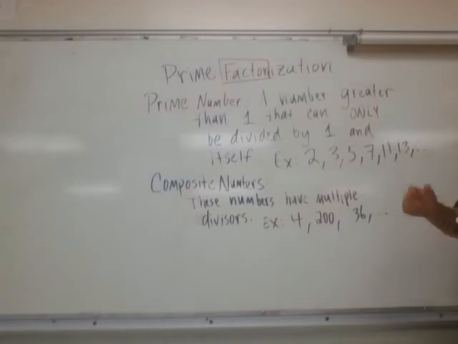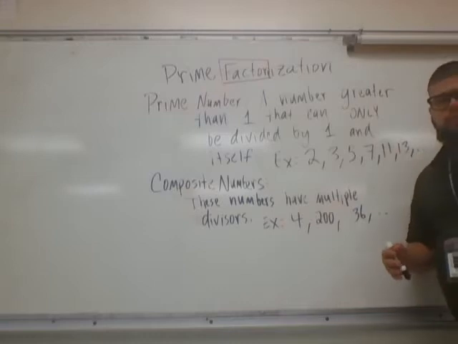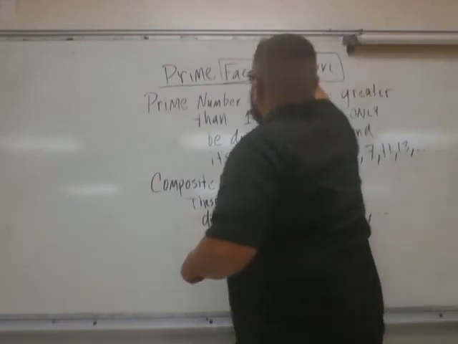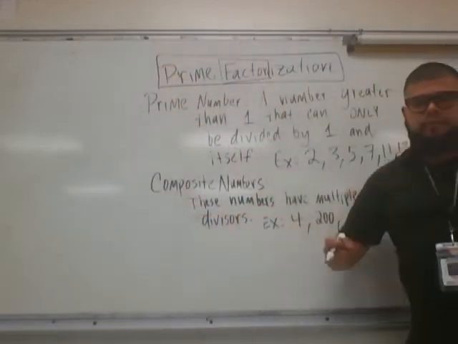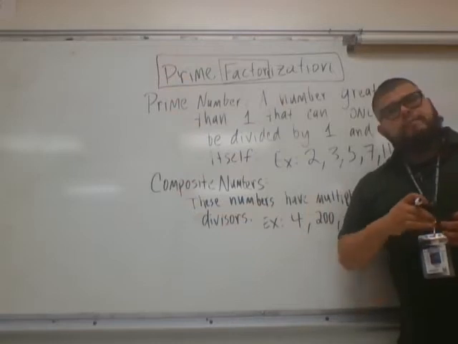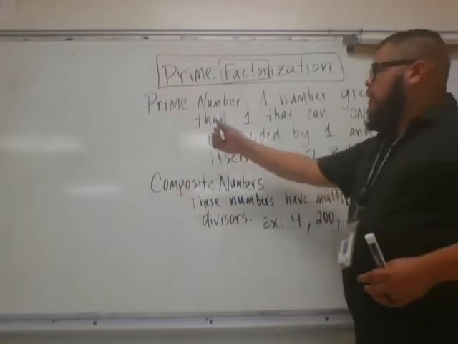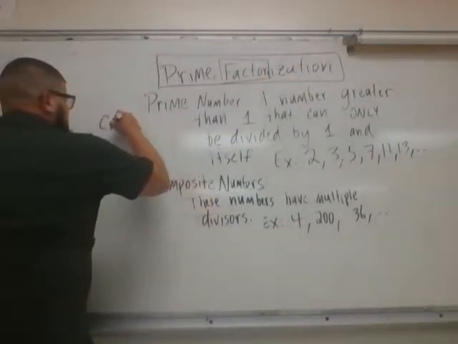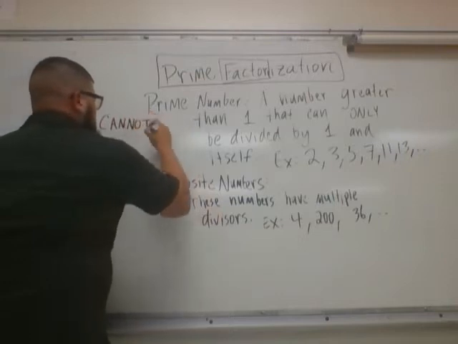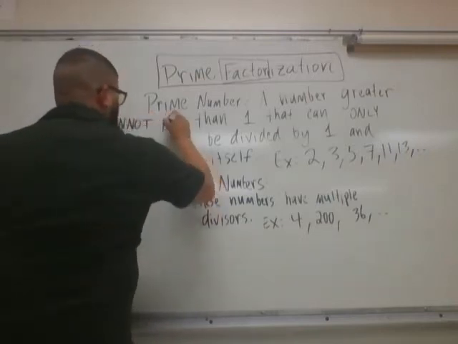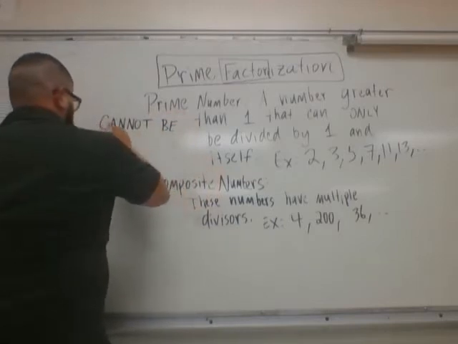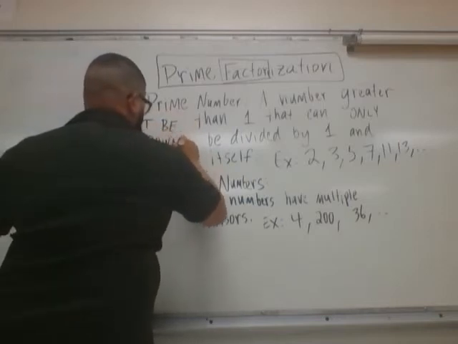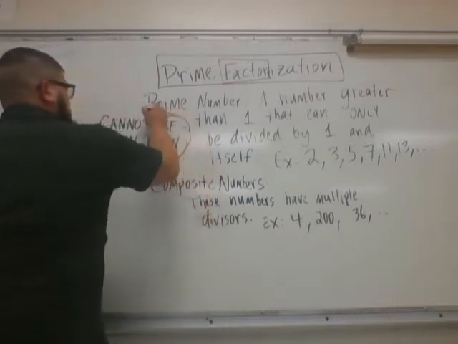One of the ways I like to talk about these is because of what we're going to be doing when we're prime factoring. We're essentially having numbers and we're going to break them apart by their multiples, by numbers that multiply to get them. So one way I like to describe prime numbers is that prime numbers cannot be broken down, and you'll see what I mean by that shortly.